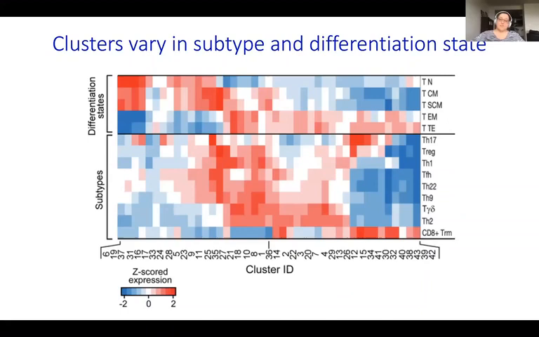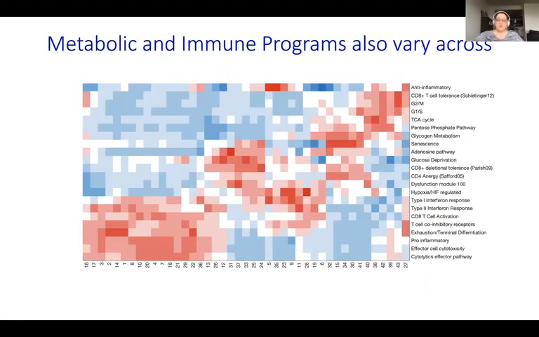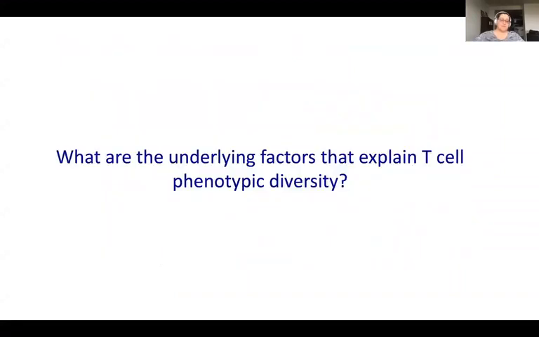In addition to the classical surface marker based classifications, the clusters, as we had with the lung, also differed greatly in all these metabolic and immune programs, whether it's energy metabolism, senescence, as well as different interferon and inflammatory signals. And so, each cluster we could associate with many different signatures and many different gene programs that were relevant and active in that cluster.